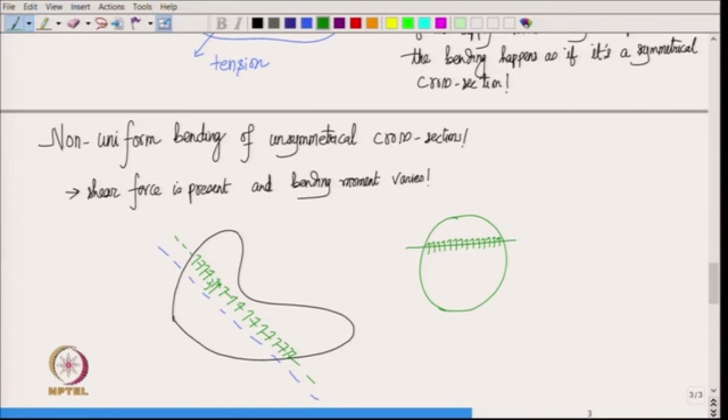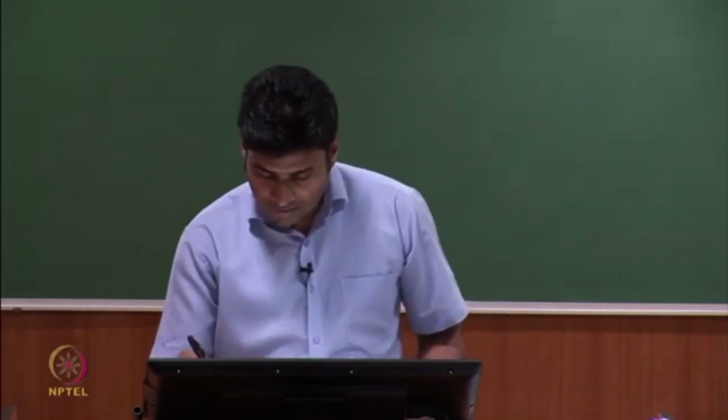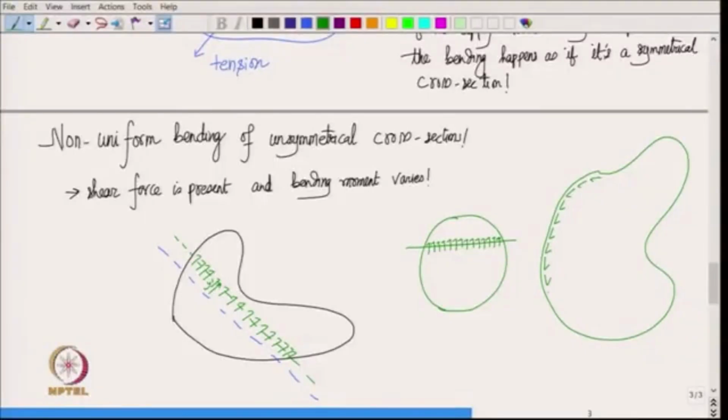So, whenever we have a beam, whether it is symmetrical or unsymmetrical, if the lateral surface is free, then along the periphery of the cross section, the shear has to follow the periphery, and that is again coming because of the free surface condition.